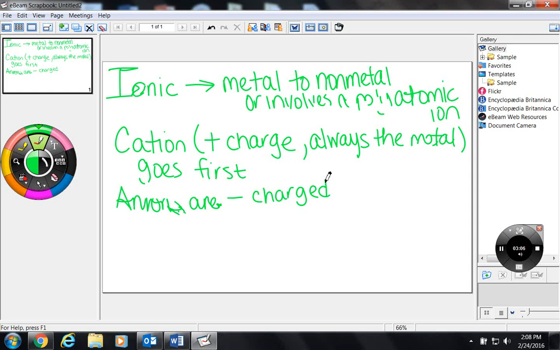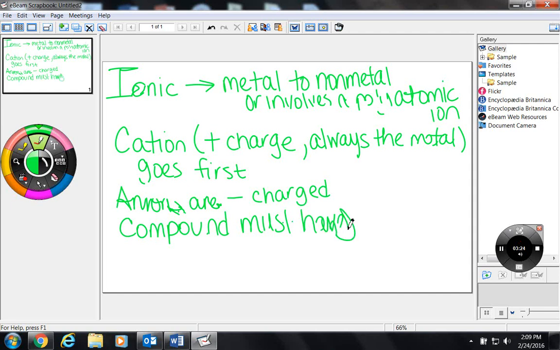But so do all compounds. What's most negative? This is metal to non-metal. Polyatomic.